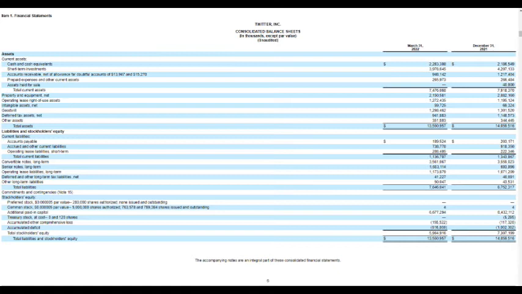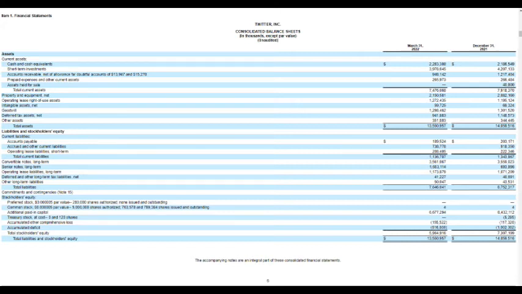Then you come down further, stockholders' equity, preferred stock, additional paid in capital, and then total stockholders' equity, total liabilities, and stockholders' equity all the way at the bottom, which looks like 13 million, but it's 13,550,957,000. So this gives you an idea of what an actual balance sheet looks like.